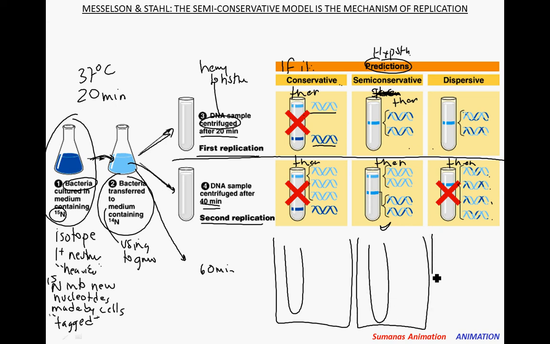And if it was dispersive, what would you expect to see? This is a way for you to test yourself and see if you understand what was happening here. Bring that to class, watch these animations that will support what I've discussed here, and we can talk about that in class.